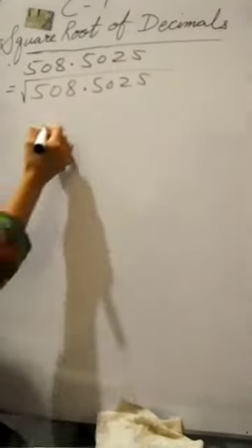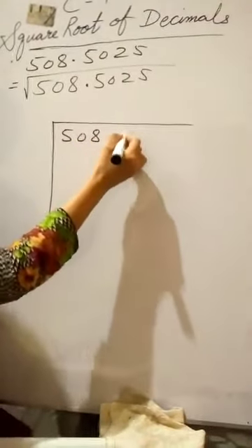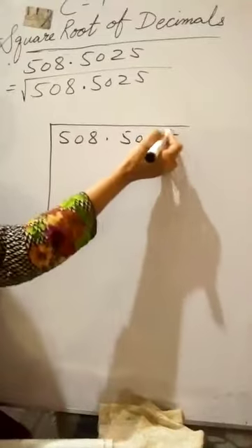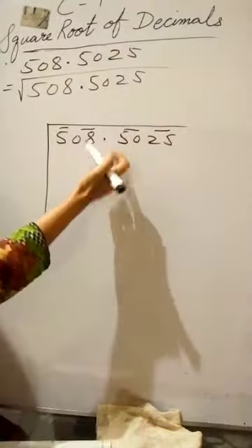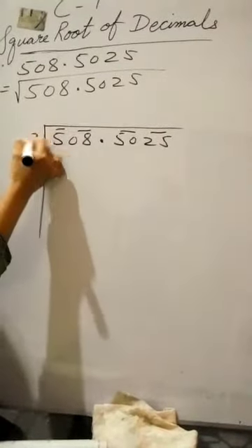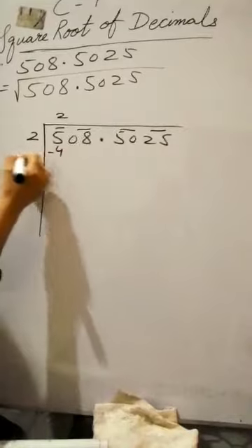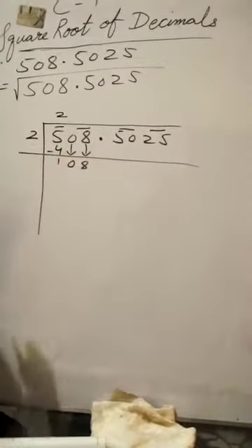Now draw the radical sign. 508, decimal 5025. Decimal pairings are separate and whole pairings are separate. 1 pair, 2 pair, then we have decimal 1 pair and 5 is single. So 2 times 2 is the nearest one. 2 times 2 is 4, 1. Write down the next pair. Next pair means next value.